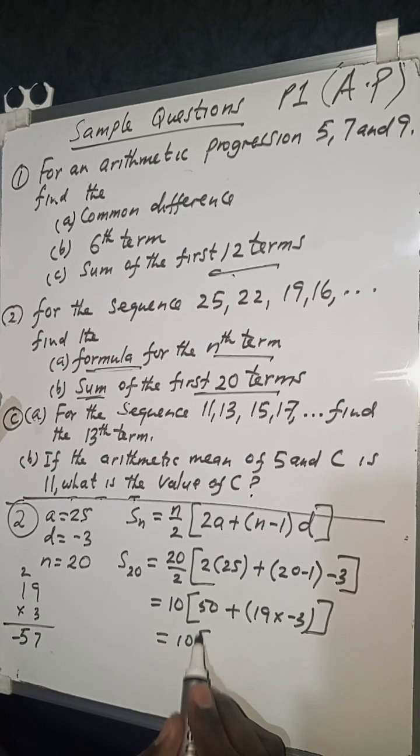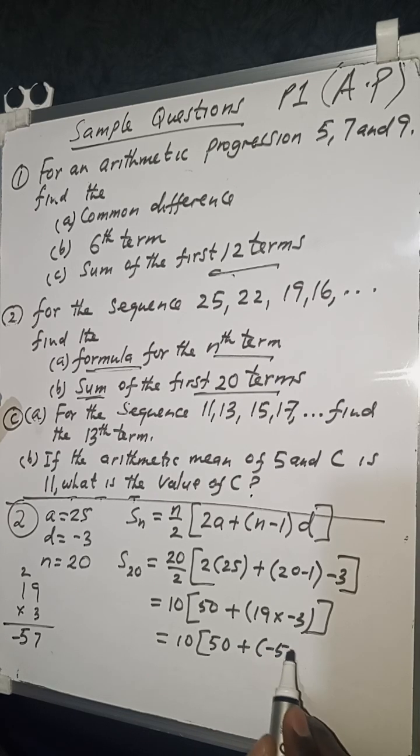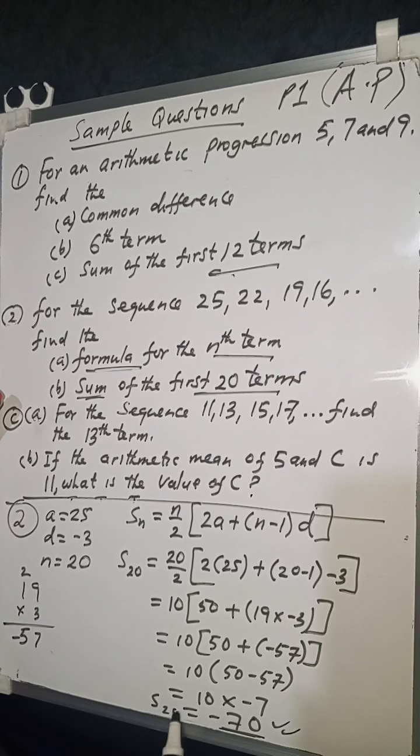So it will be 10 times 50 plus negative 57. Positive and negative there is going to give us 50 minus 57, which will be negative 7. So 10 times negative 7 will give me negative 70. So negative 70 is the sum of the first 20 terms when you actually add them.